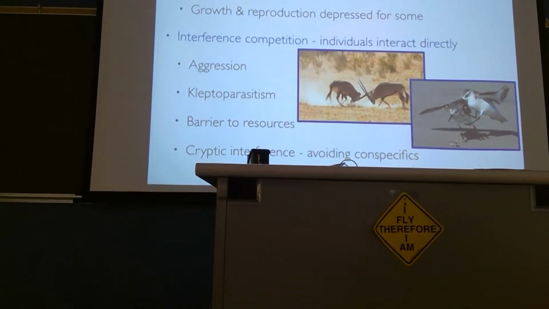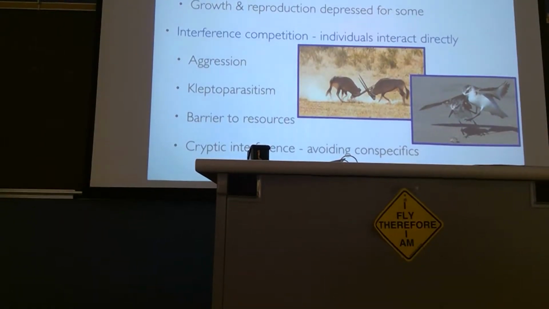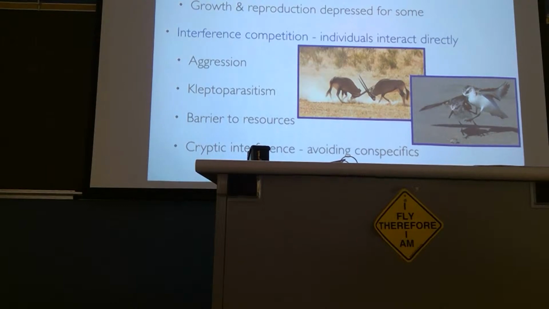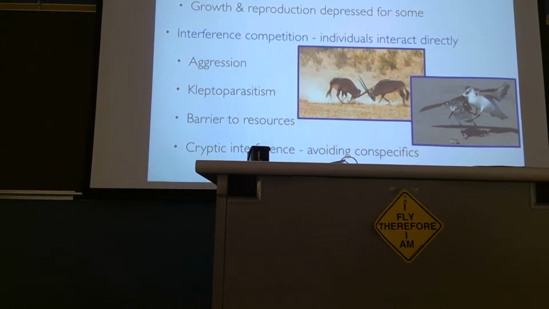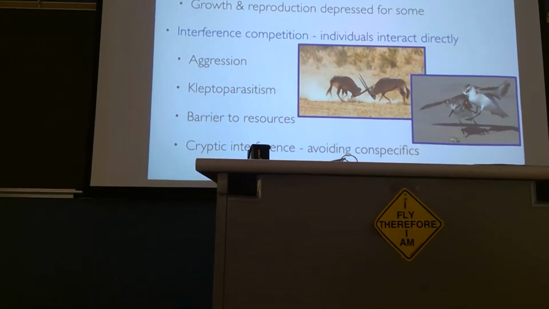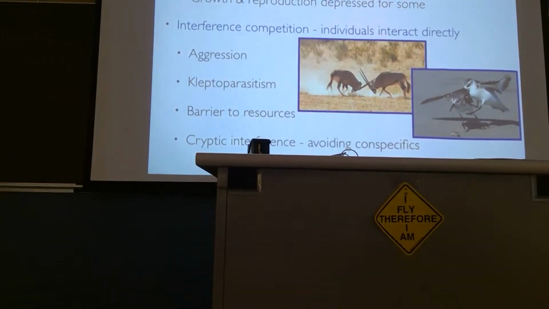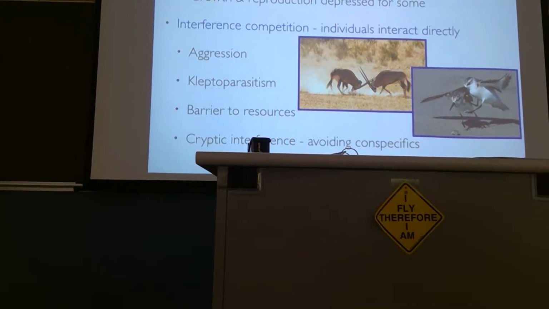Some win and have enough and others are denied that resource and they have less. This means that growth and reproduction in contest competition is only depressed for some individuals in the population. And again, the denser the population, the higher the abundance, more individuals will be left out. But some will still get enough, and some will win, and some will reproduce and grow just fine.